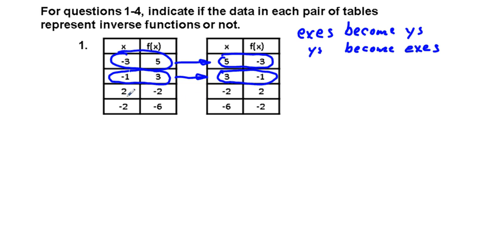What you really have to do to be careful, though, is to make sure you look all the way down the table to see that x's and y's are switched for each of those 4 coordinate pairs. So, yes, inverse function.